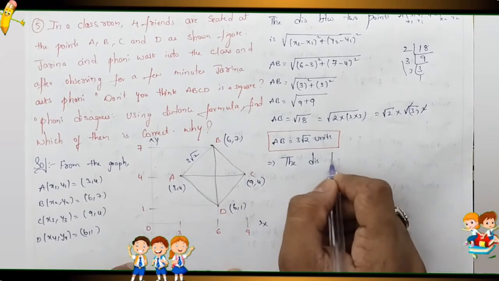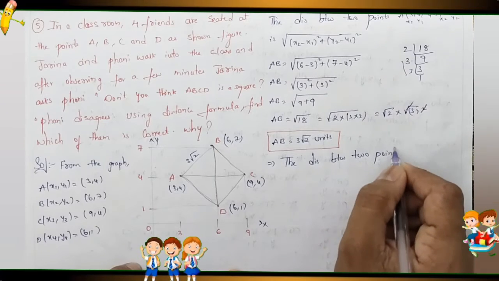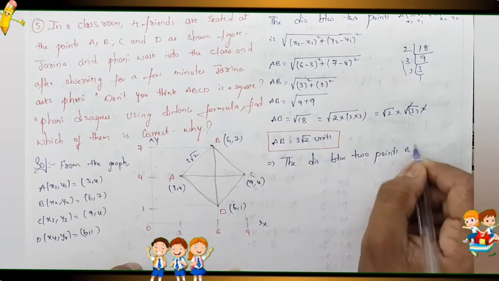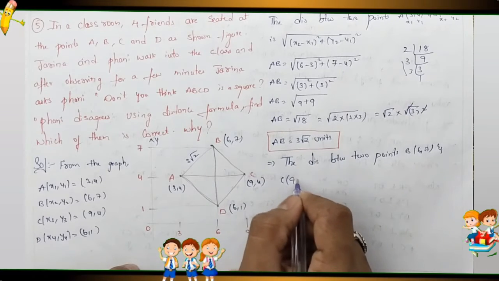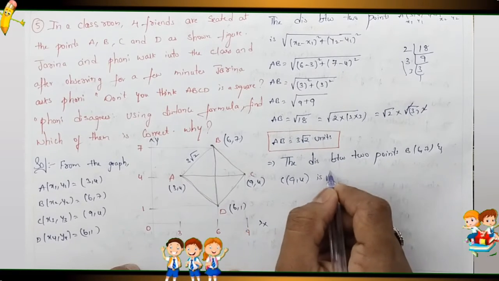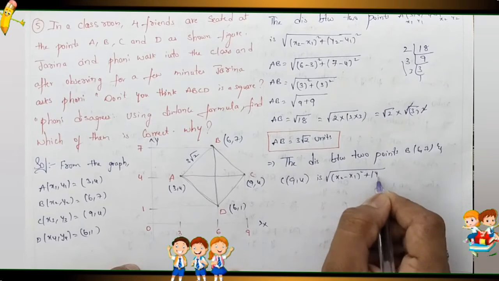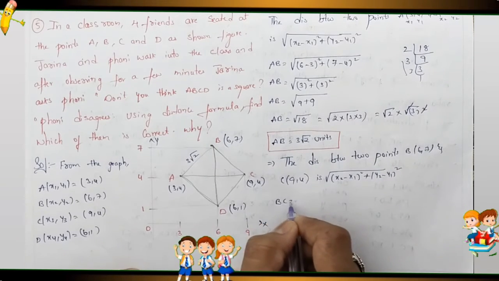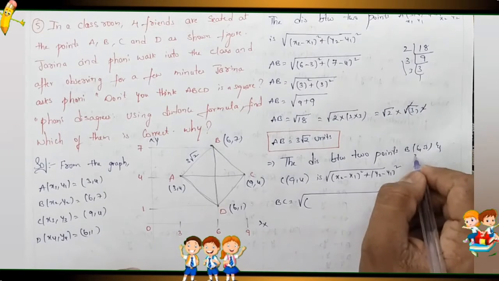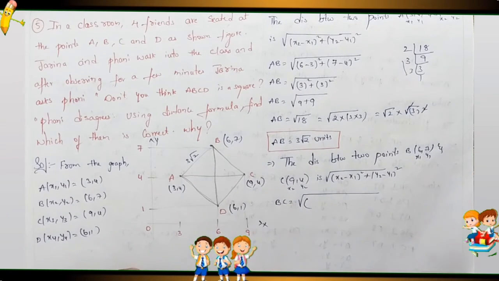The distance between two points, B value (6, 7) and C value (9, 4). So what is the formula? (x2 minus x1) whole square, (y2 minus y1) whole square. Now BC is equal to the square root of, where this is x1 y1 and this is x2 y2.